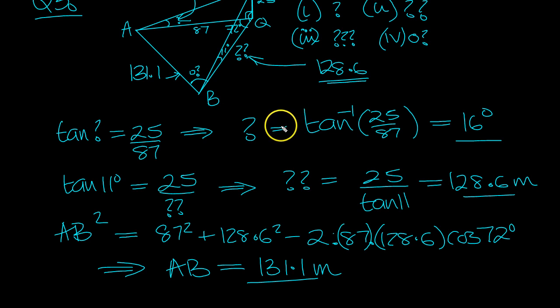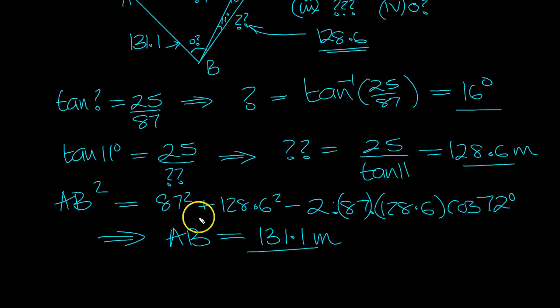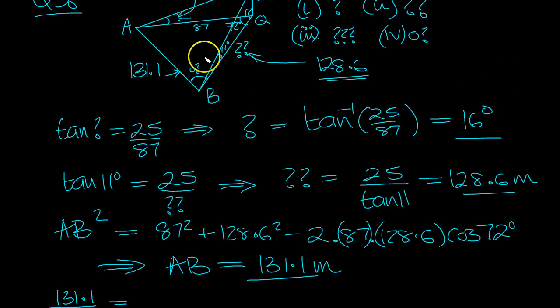Okay, so now the last part is to work out this angle here on this base triangle ABQ. This side we know, this angle we know, this side we know, this angle we don't know. So use the sine rule. So A, 131.1, which we've got in the calculator, over sine 72 is equal to B, 87, over the sine of that angle there.